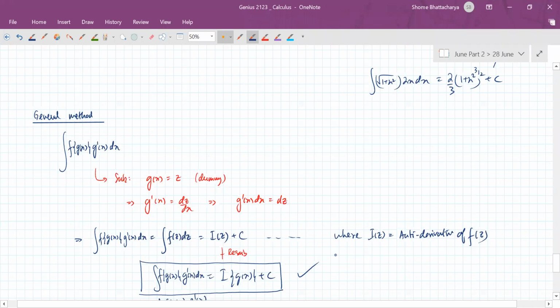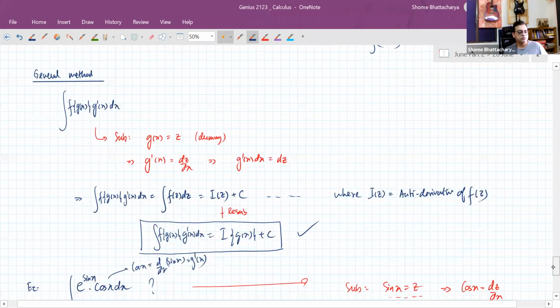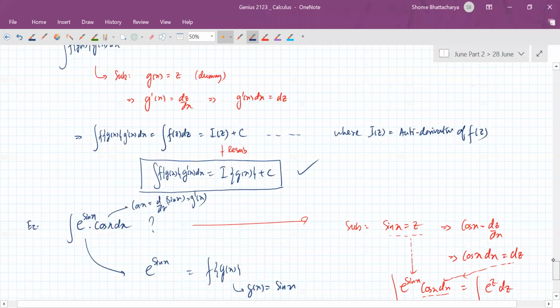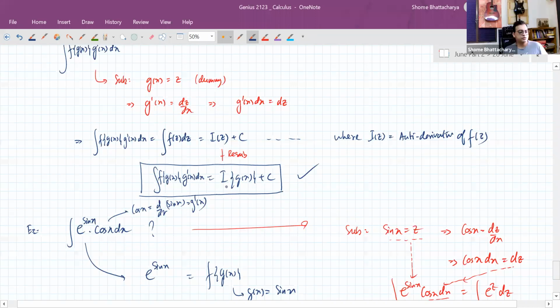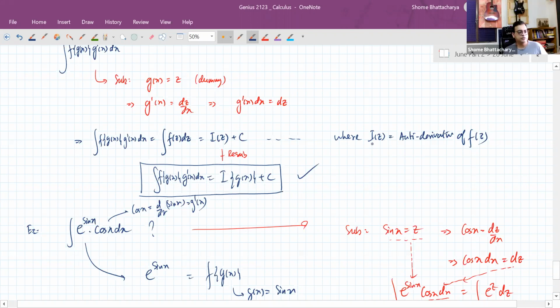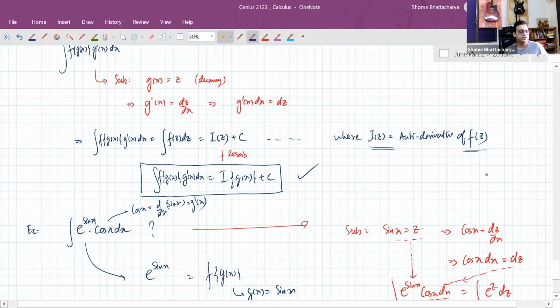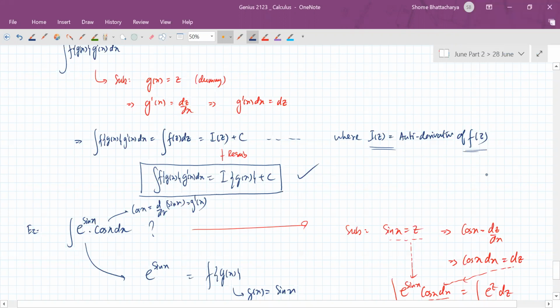Why? Sir, look, what is the function f? The function f is exponential, right? Yes. So what is the antiderivative of exponential? It's exponential only. Yes. And what is g(x)? It's sin x. So this I should be exponential and g(x) should be sine. Sir, what is I in this I formula? It is the antiderivative of f, right? See? Achha. I thought I is the integral of g(x). No, I is the antiderivative of the outer function f. Yes. Got it? Understood? Yes, sir.